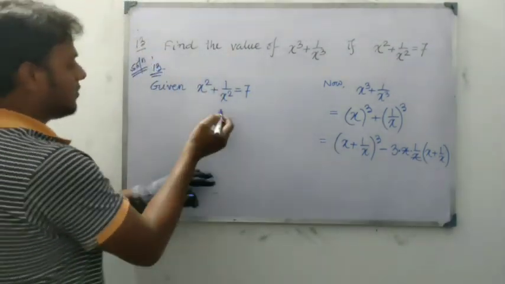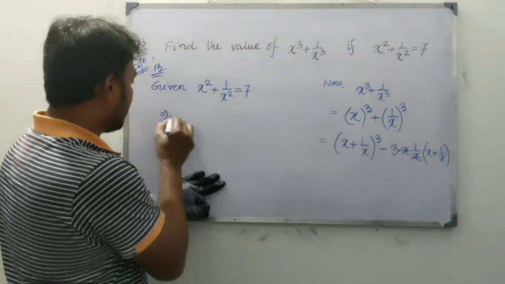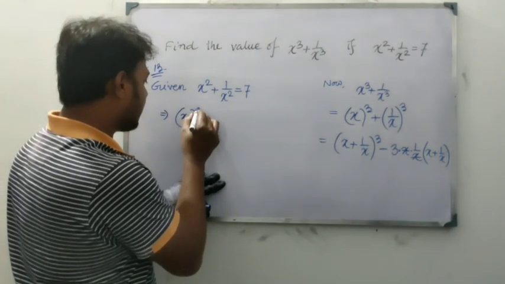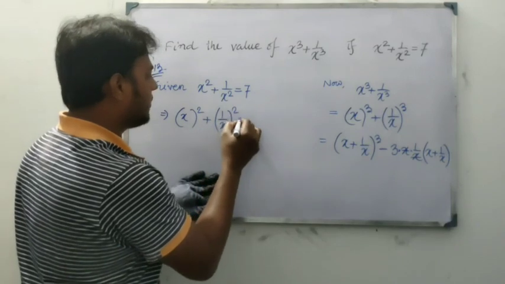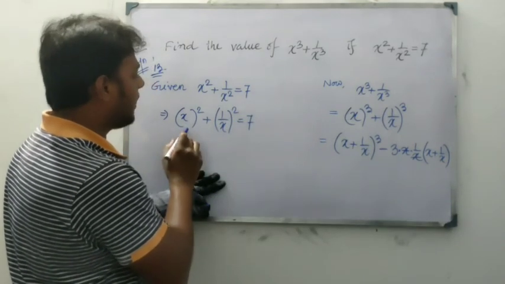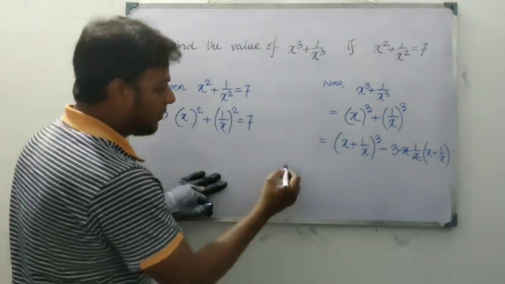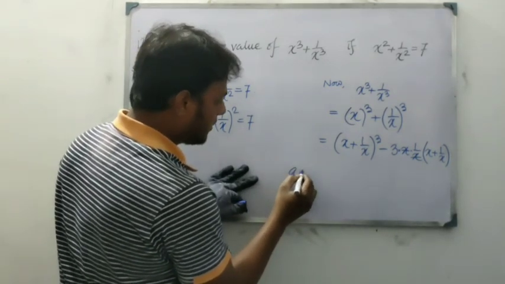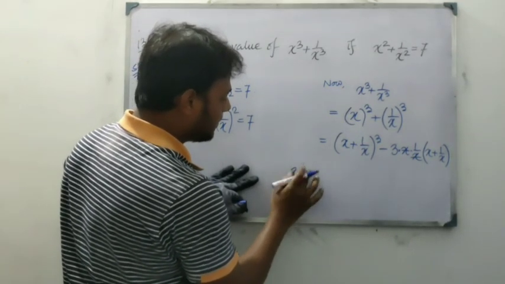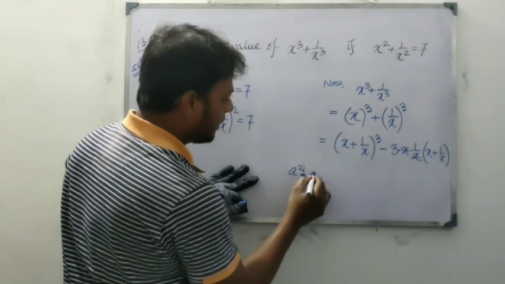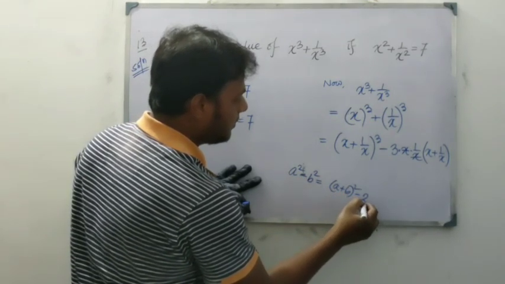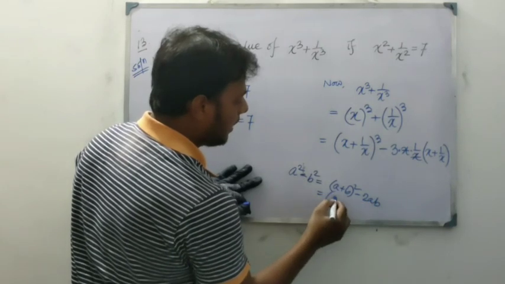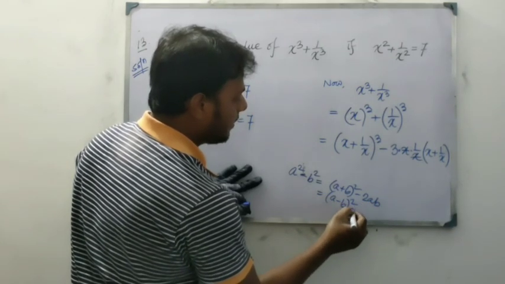See the given. It can be written as x square plus (1 by x) whole square equals 7. So this is of the form a square plus b square. From a square plus b square there are two identities: one is (a plus b) whole square minus 2ab, and another is (a minus b) whole square plus 2ab.